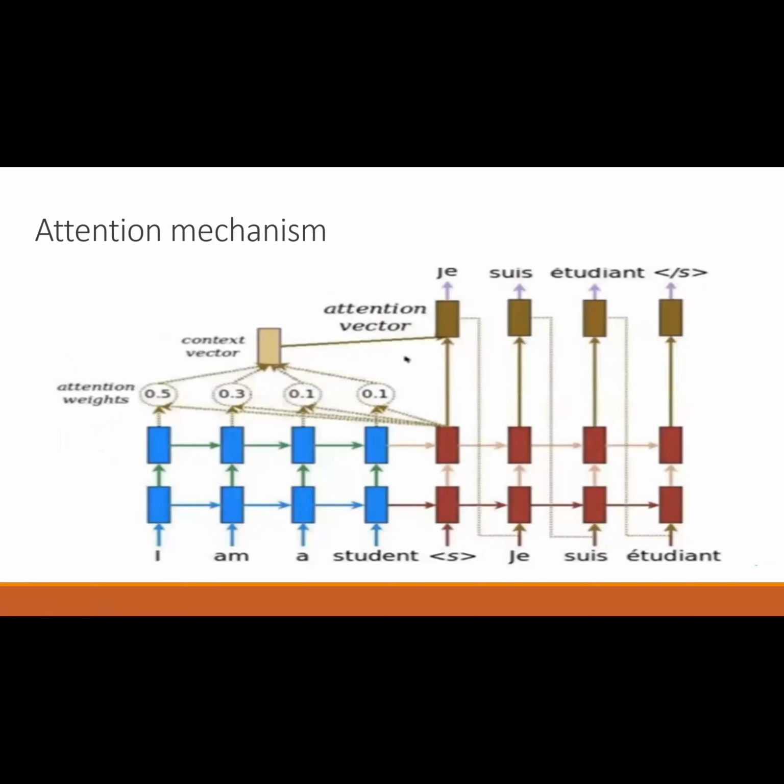Attention mechanism works based on weights. The words having the highest weightage, we have to give more importance to. Based on that, your model works. The corresponding attention vector is passed on to the next layer.